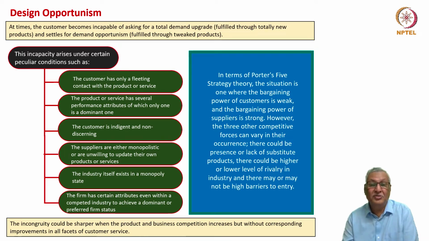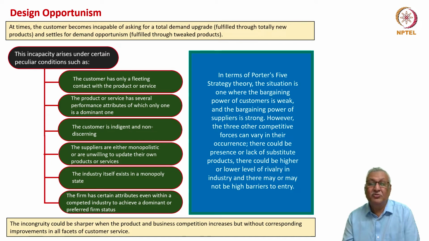The suppliers themselves are monopolistic and unwilling to update their own products or services, that means sellers' markets. The buyers have no choice. The industry itself exists in a monopoly state, and the firm has certain attributes even within a competent industry, and therefore the company has a dominant status and a preferred firm status.